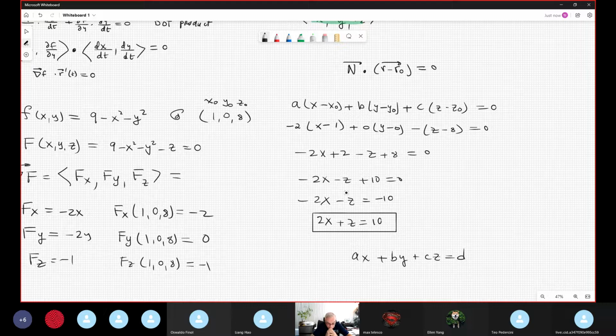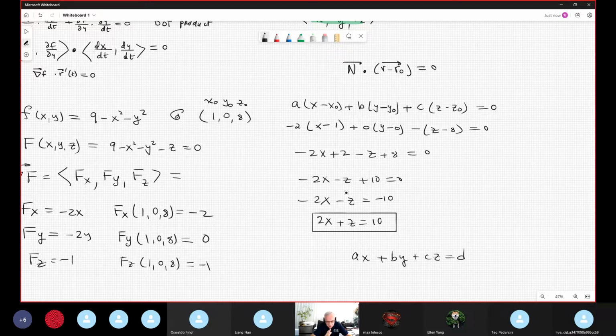The interpretation in 2 dimensions is that the gradient is a vector perpendicular to the level curve. In 3 dimensions, the gradient is a vector in 3 dimensions, and it is perpendicular to the level surface.